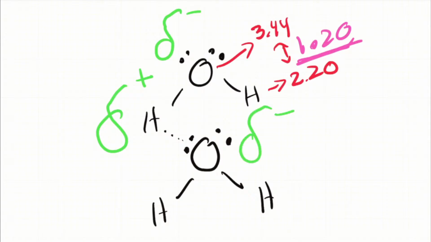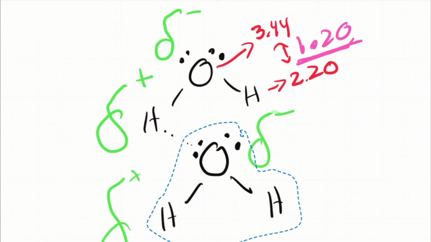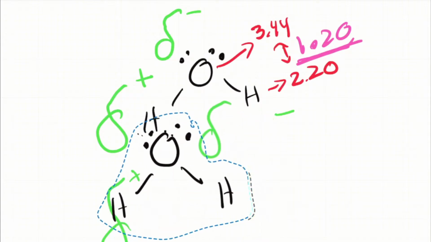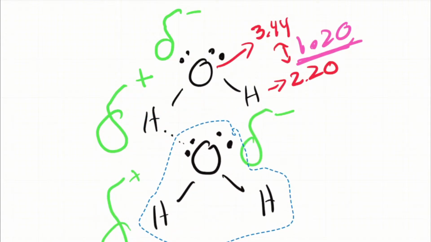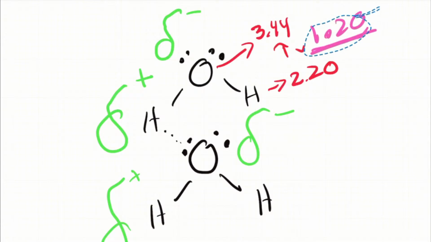And so again, it's a large charge. This water molecule, as it's moving around the system, has its partial negative, feels the partial positive of hydrogen, and almost forms a bond to it. And again, this is the largest difference in electronegativity we've seen yet.